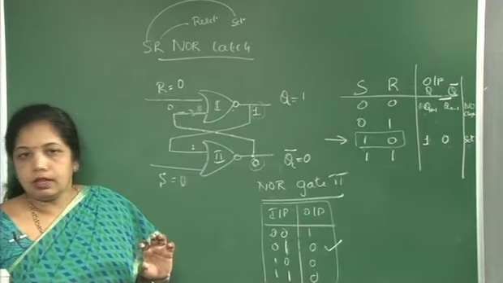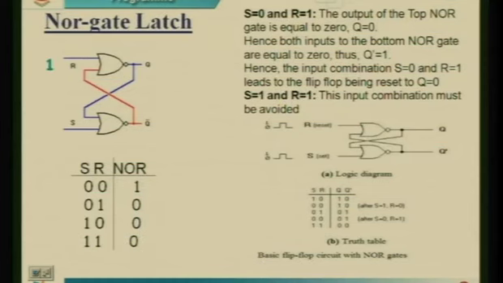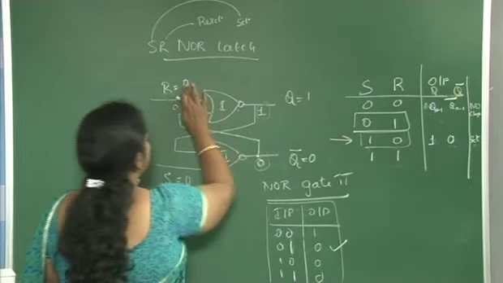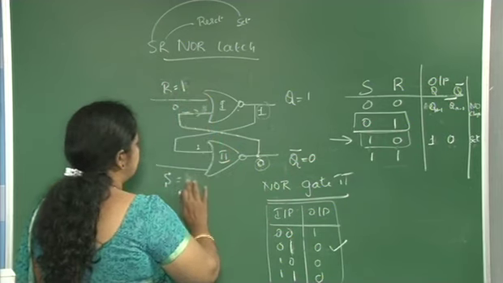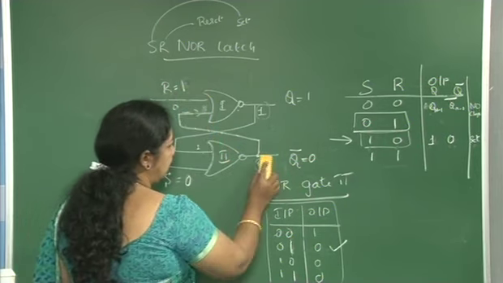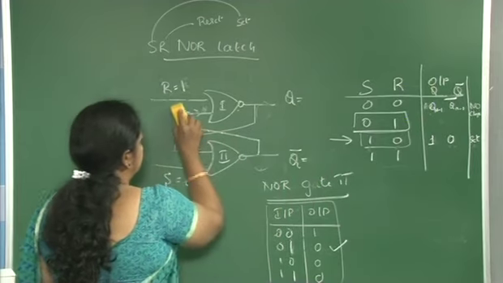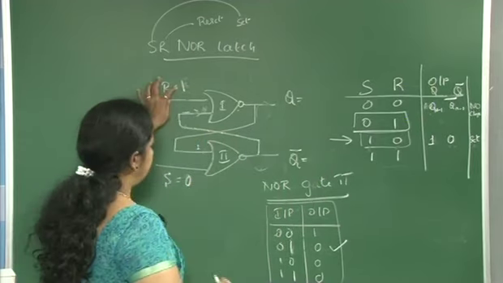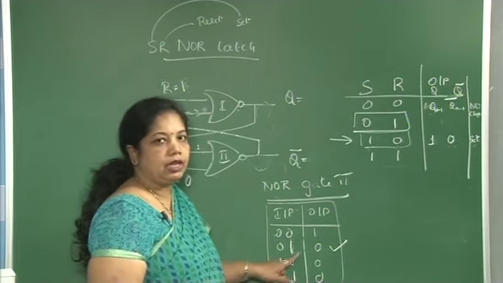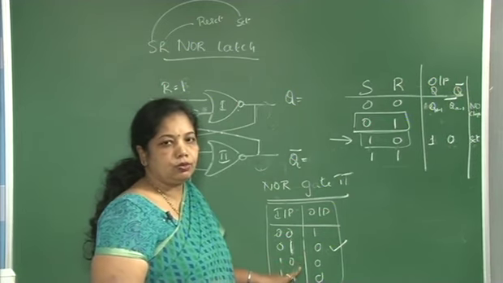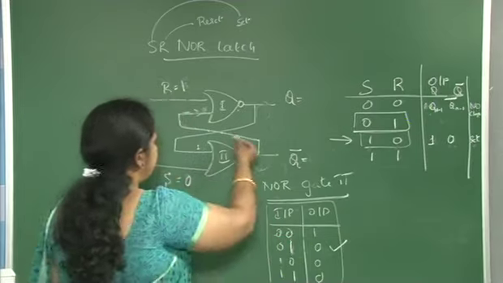Let us discuss now the 1 0 condition, where I make R equal to 1 and S equal to 0. If any one of the inputs to the NOR gate is 1, my output is 0, as we know.